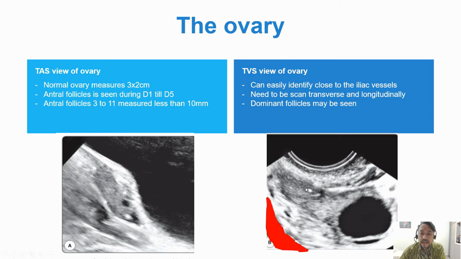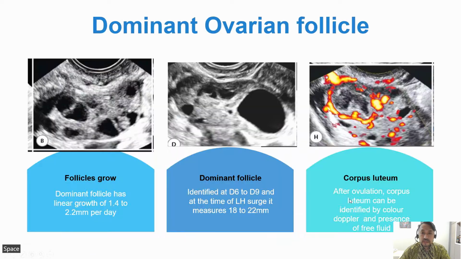Usually the ovary will lie next to it. You use your color Doppler, and next to it you can see the ovary. So you scan it by transverse and longitudinal, and then you can measure the follicles, and if you can, see the dominant follicle. Later we are going to discuss the dominant follicle.